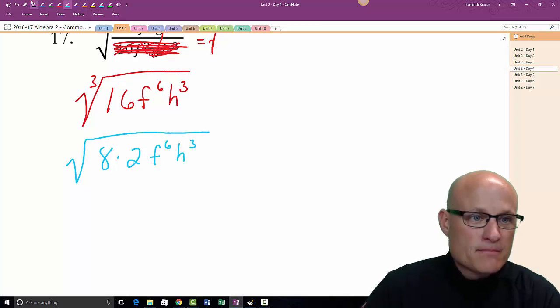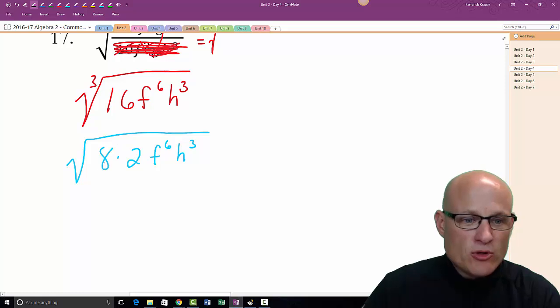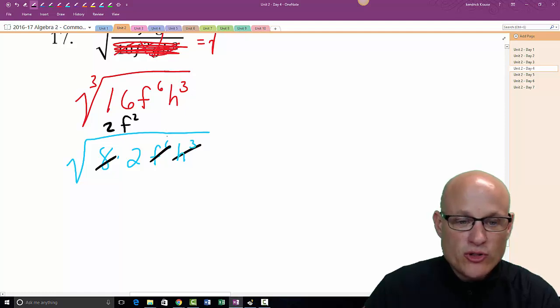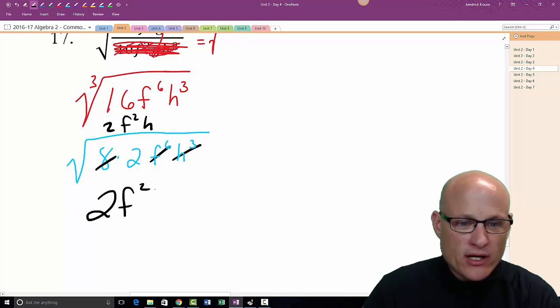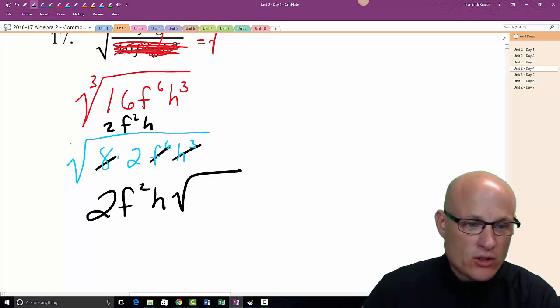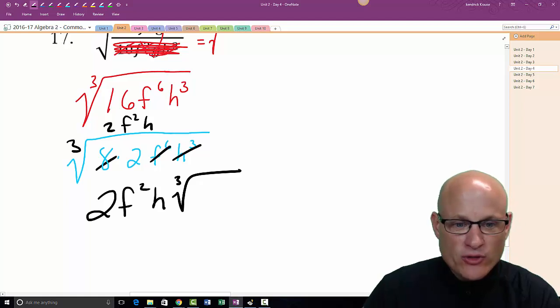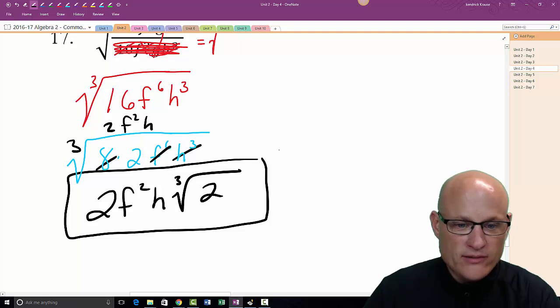All right. The cube root of 8 is 2. The cube root of f to the 6th is f squared. And the cube root of h cubed is just h. So I end up with 2f squared h. Oh, look at that. I forgot the cube. Cube roots of 2. Crazy.